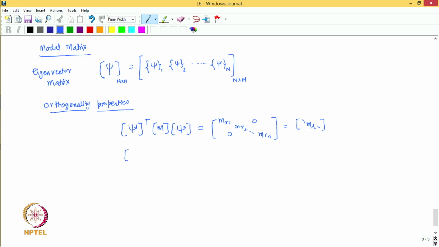And similarly, in terms of the stiffness matrix, we are going to have a diagonal matrix of modal stiffnesses. So, KR1, KR2, this goes up to KRN, and off diagonal elements would be 0, and we can represent this as a diagonal matrix of modal stiffnesses, right.